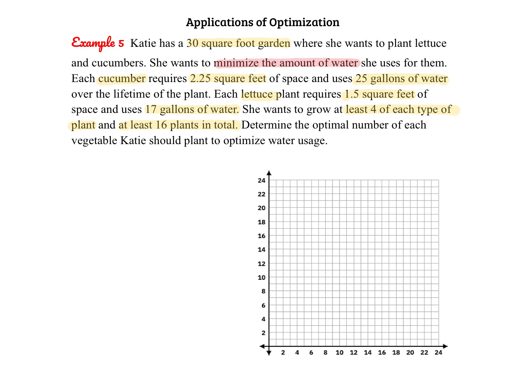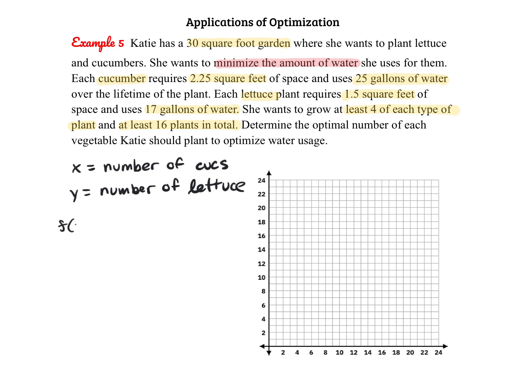So first, let's see if we can create that function. Well, actually, let's define our variables. Let's say x is the number of cucumbers she decides to plant, and let's say y is the number of lettuce plants she decides to plant. So from there, let's make our function that models the water usage.